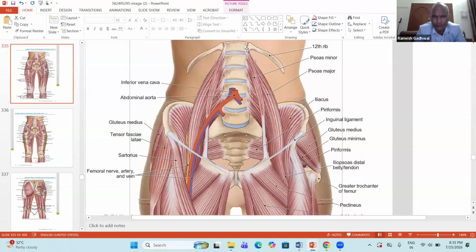Here, this bone is T12. Here you see T12-L1. Then this disc is called T12L1. Then this is called L1, L2, L2, L3, L3, L4, L4, L5.